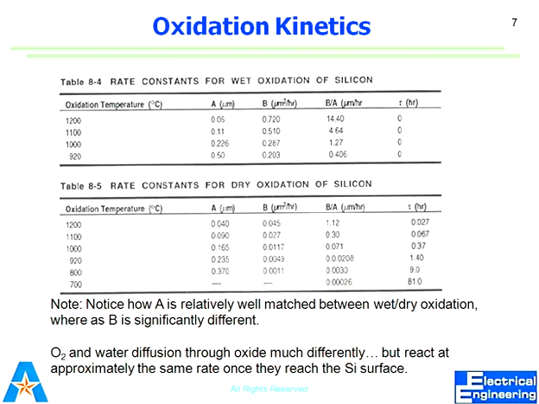Okay, so you have realized from the tables that the higher the temperature, the higher the rate. Secondly, wet oxidation would be faster as compared to dry oxidation. But the question is why? So, why at high temperature would the oxidation rate be faster?